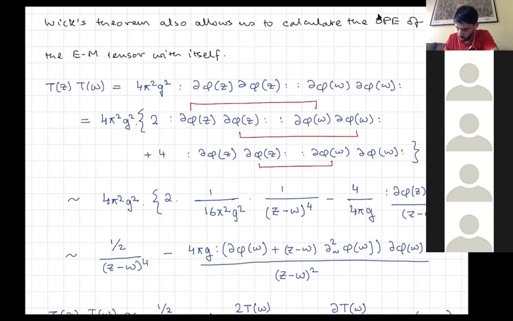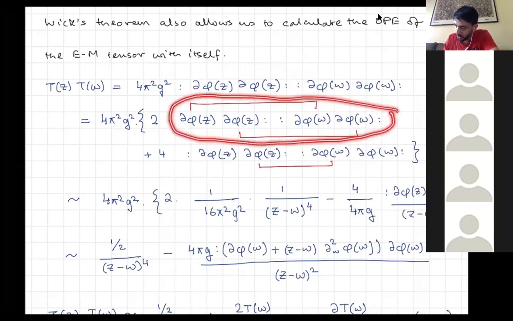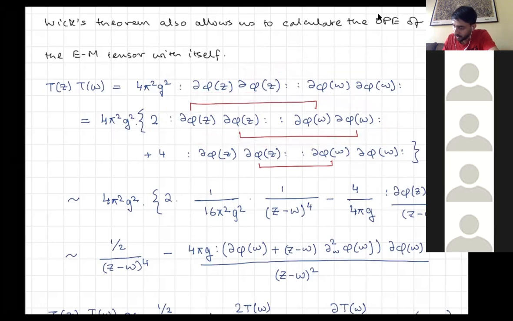So it's either this and that, or you can also do this and that.